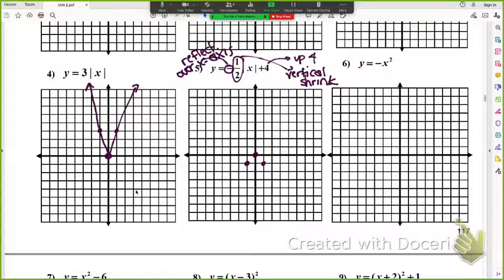Now, what is a vertical shrink going to look like on this? Wider. It can look wider. That's more of a horizontal one, which we'll get to in a minute. But what it means is my slope was 1. I now erase my points and I make my slope 1/2. So it cuts the vertical distance to those points in half.